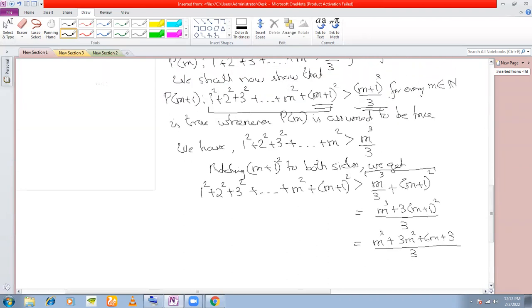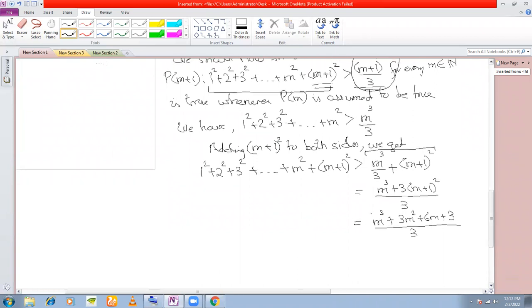And in Pm plus 1, what is the statement here? On the right hand side, m plus 1 cube by 3. So this quantity that you see here must be greater than m cube plus 3m square plus 6m plus 1 by 3.